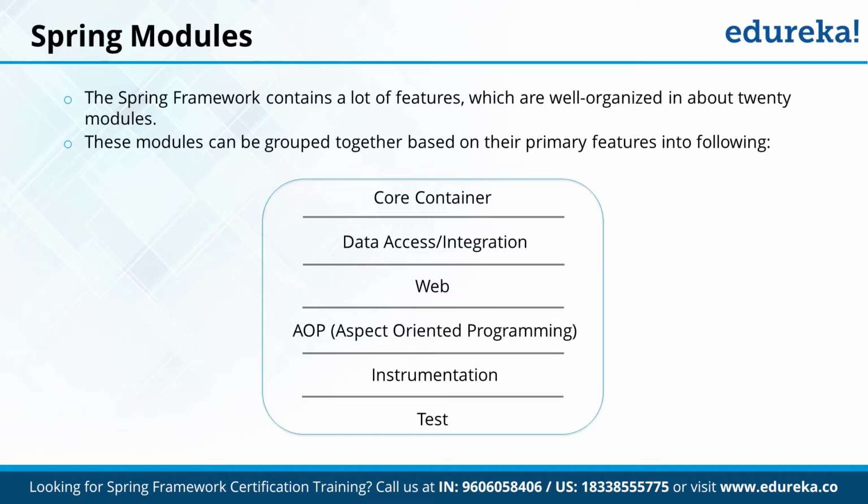So you can access the data sets, or you can have integrations with frameworks like Hibernate. The core container will be the one which has the basic functionality. Using the web layer or the web APIs, we can write the web MVC code. Then aspect oriented programming: the way we got object oriented programming, in a similar way we got aspect oriented programming.